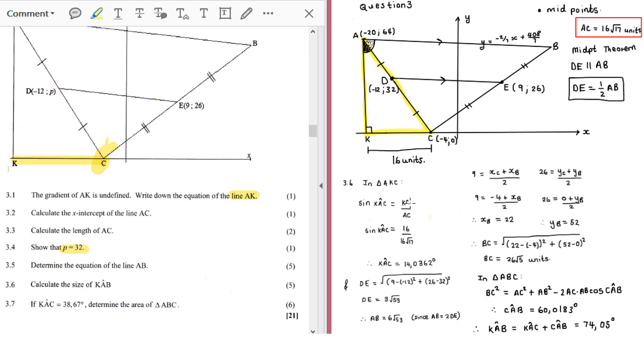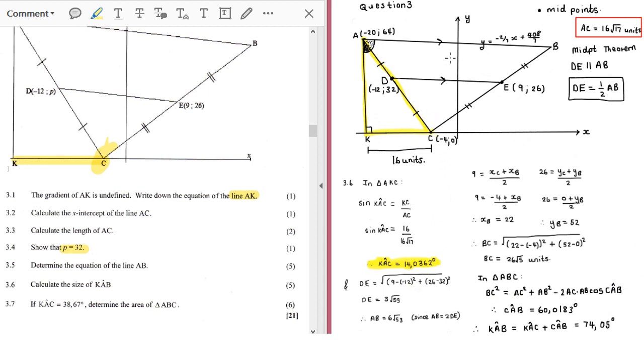Okay, so for that I used the trigonometric ratio of sine, and I found an angle of 14.0362, if I write it to 4 decimal places. Okay, so I was then done using that right angle triangle. Then I moved on to using the triangle ABC, which is obviously not a right angle triangle, so I had to then go for the cosine rule.